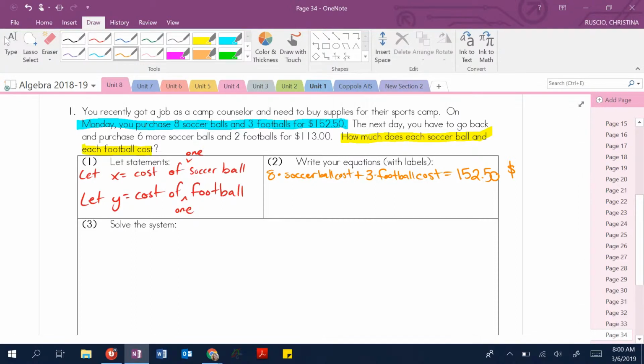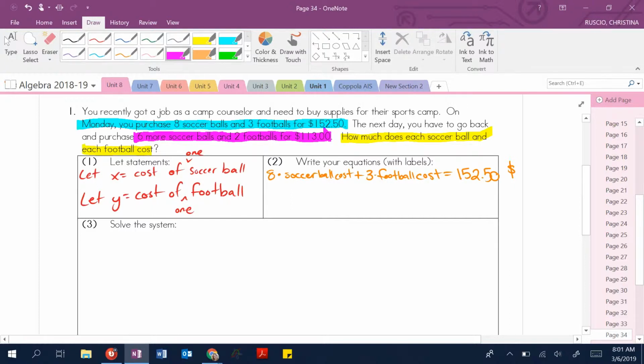Now, looking at the next equation, we have 6 more soccer balls and 2 more footballs for $113.